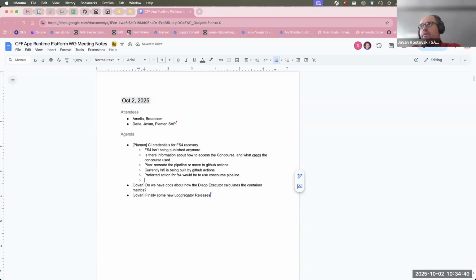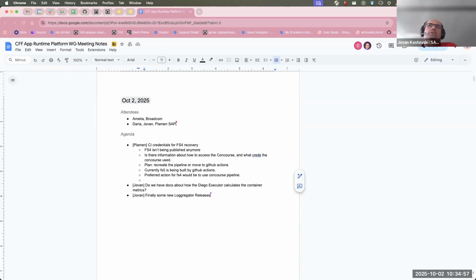Okay, we have something similar in the logging and metrics pipelines for the log aggregator, if there are technical users which are also used for cutting GitHub releases and everything.